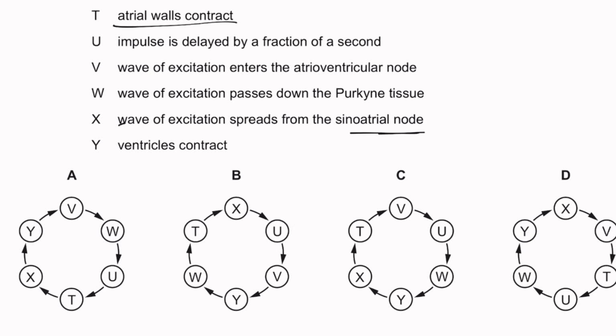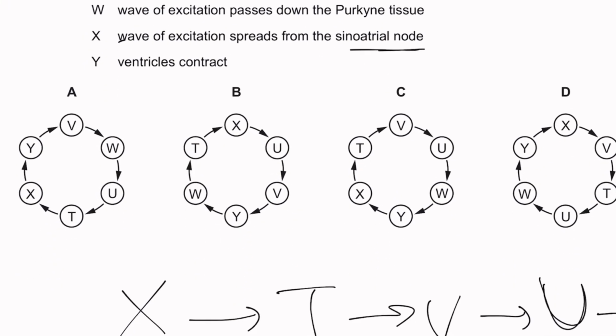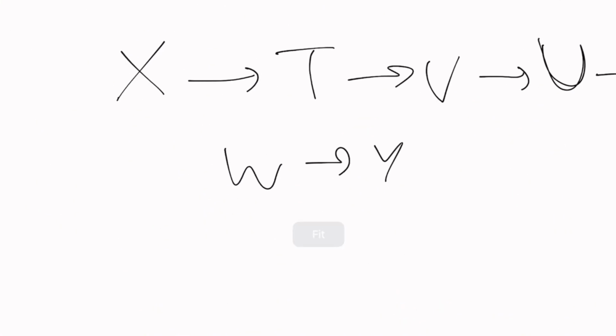Okay, what happens next is that the atria are going to contract, so that's going to be T, and then this is going to be followed by the wave of excitation entering the atrioventricular node, and then the wave is going to be delayed. After that, it's going to enter the Purkinje tissue and the ventricles are going to contract. So let's see, X then Y, that's wrong, X then U, X then T, then V, then U, then W, then Y, C. Okay, or X and V, okay, fantastic.